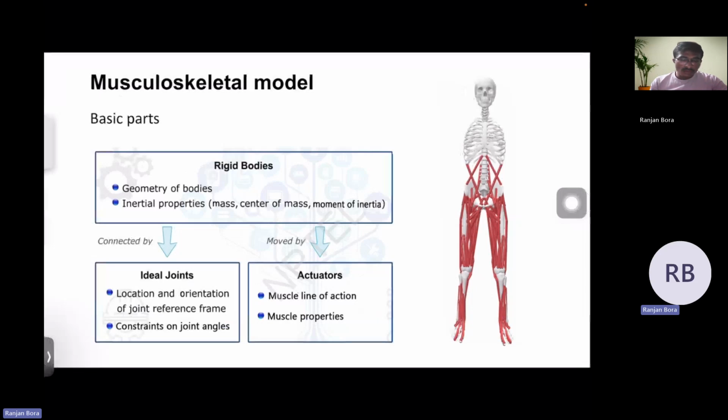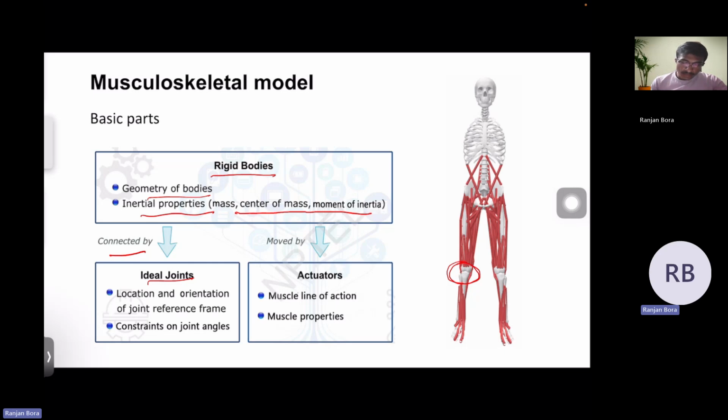So it consists of three basic parts. One is rigid bodies, which is the geometry of bodies, and we assign the inertial properties of these rigid bodies, which are mass, center of mass, and moment of inertia. And these rigid bodies are connected by ideal joints. For example, here there is the knee joint. You can see in this figure that this is the knee joint which connects the femur with the tibia.